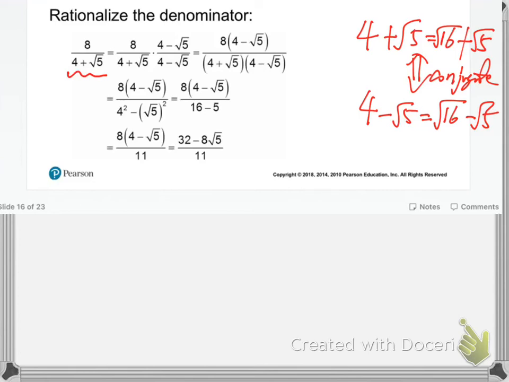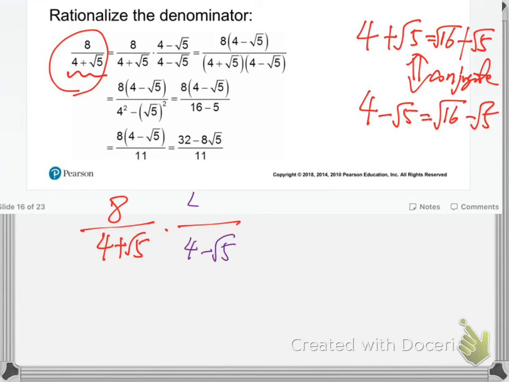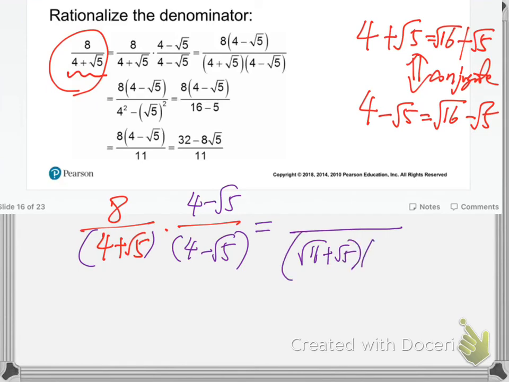Now let me repeat the calculation here. We want to change the denominator to a rational expression. So we have 8 over 4 plus radical 5, multiplied by its conjugate, 4 minus radical 5. The bottom, if you change 4 to radical 16, is radical 16 plus radical 5 times radical 16 minus radical 5.